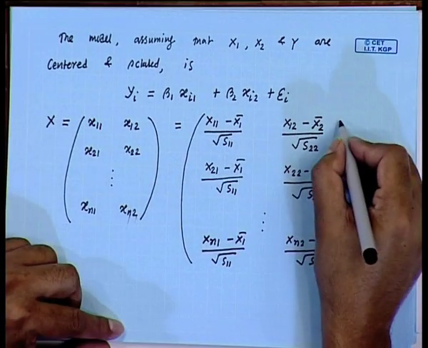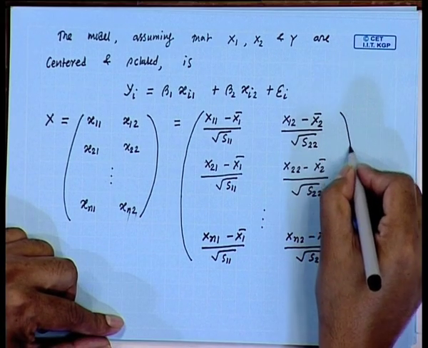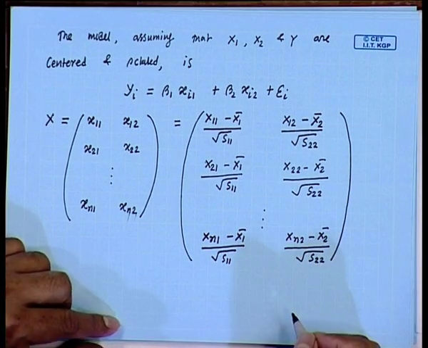Okay, so this is the X matrix for the transformed data, you can say.